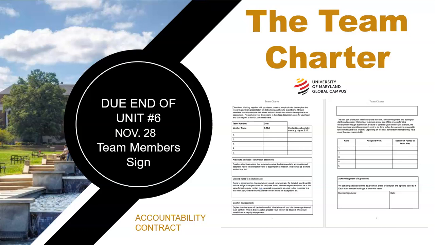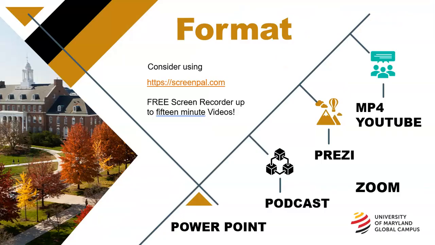So only people who are actually communicating in your group and participating should sign this team charter. If, say, I'm in your group and I'm ghosting you, you're not really hearing from me, you should not put my name down on this team charter, okay? It wouldn't be fair or equitable for me to earn points if I'm not doing anything. So that's one thing to keep in mind.